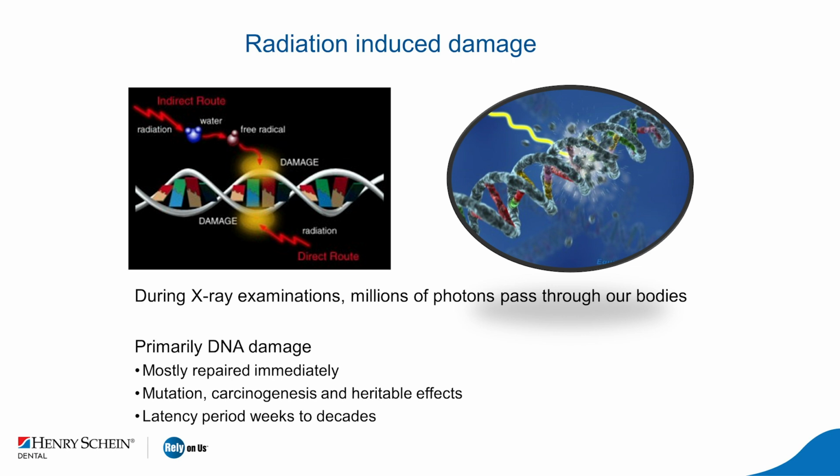But when a patient is telling you, I'm afraid to take a CBCT and be more exposed to radiation, what are they referring to? There are two major effects of radiation. The first one is what we call deterministic effect. The deterministic effect of radiation basically is what we use to treat cancer patients.